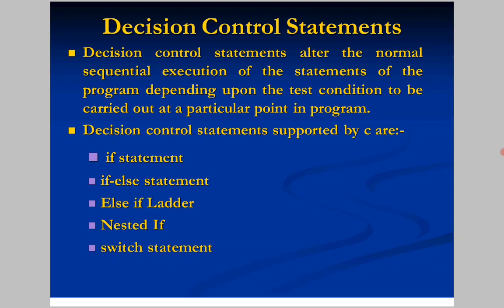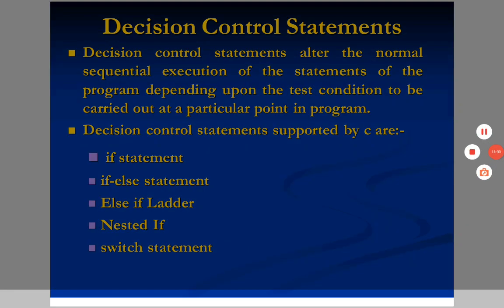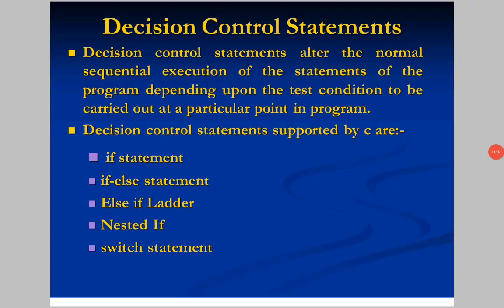So basically there are five types of decision control statements. First one is the if statement, also called a simple if statement.